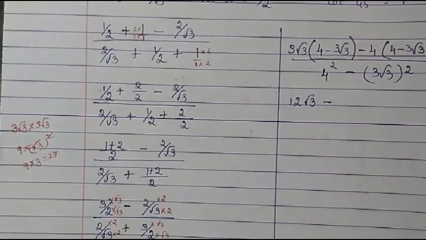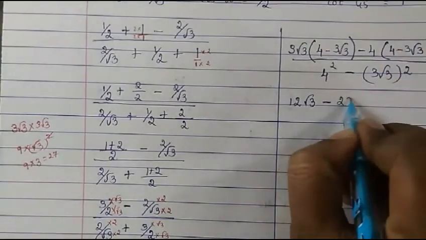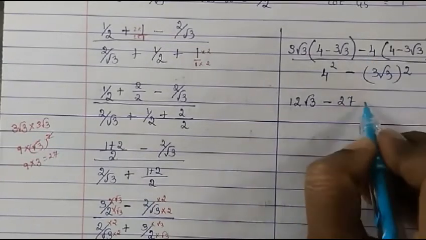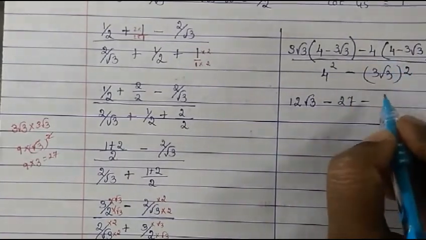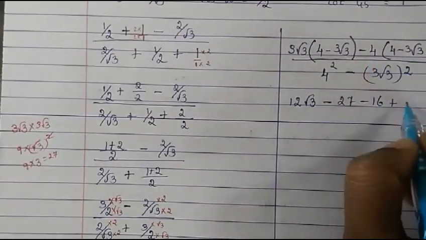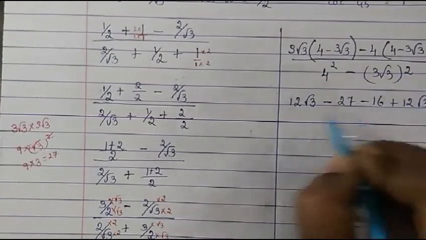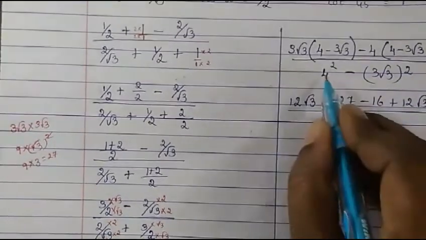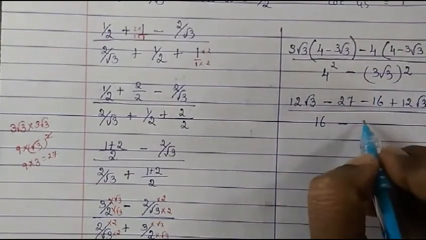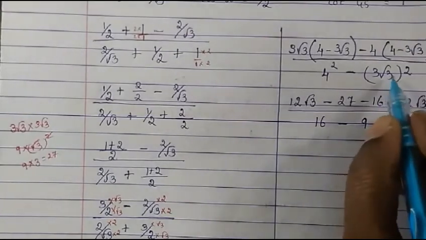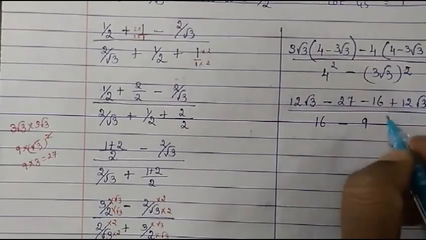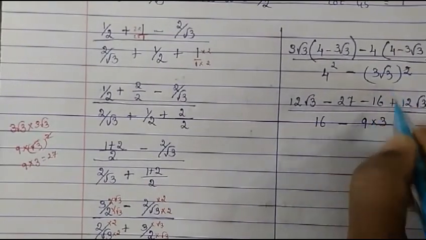So we'll write down 27 here. Okay, with this when we multiply we got 27. Now this minus 4, 4 4s are 16. Minus into minus is plus. Then 4 into 3, 12, and then root 3. So 4 square, 16, minus 3 square will be 9, and root 3 square, the root and square get cancelled, into 3 you will get it.